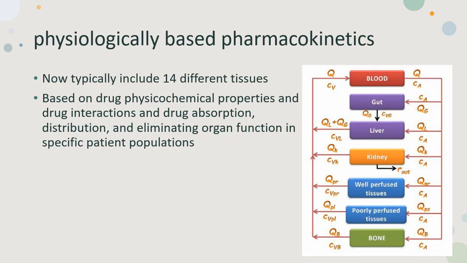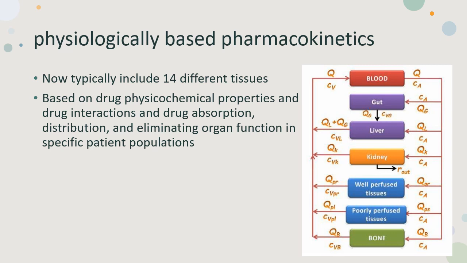Now there's something called PBPK, and that's physiologically based pharmacokinetics. What that is trying to say is we're not going to assume everything is blood, but we're going to try to account for every single type of tissue and the concentration in each of those tissues.